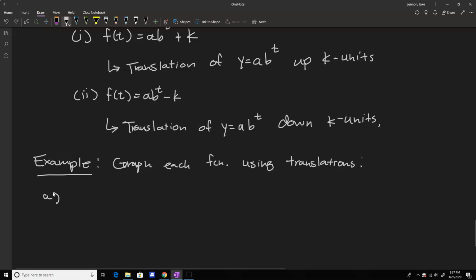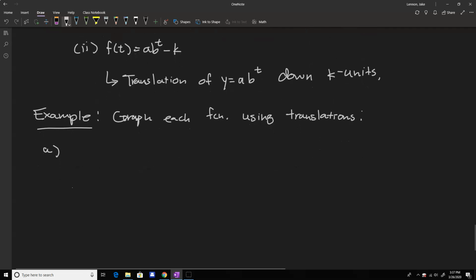So let's say part A, we have f of t equals 2 to the t plus 3. Let's say B, g of t equals 1/2 to the t power, and then after the fact we'll subtract 7.